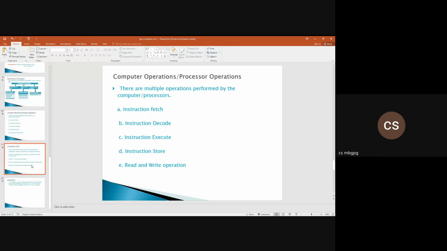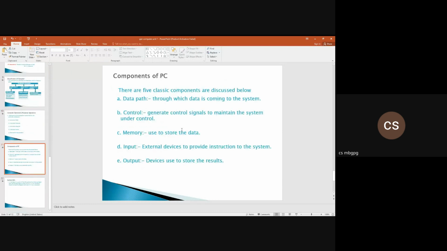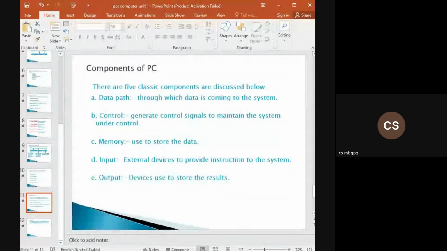After that, next are the components of a PC, a computer system. Components of a personal computer system. There are different components of a computer system. That is also called the von Neumann architecture of the computer system.